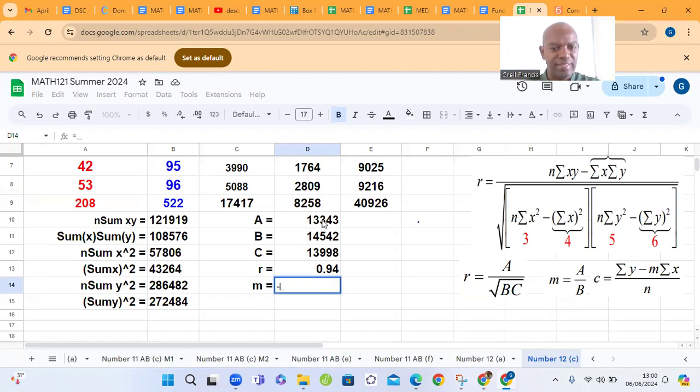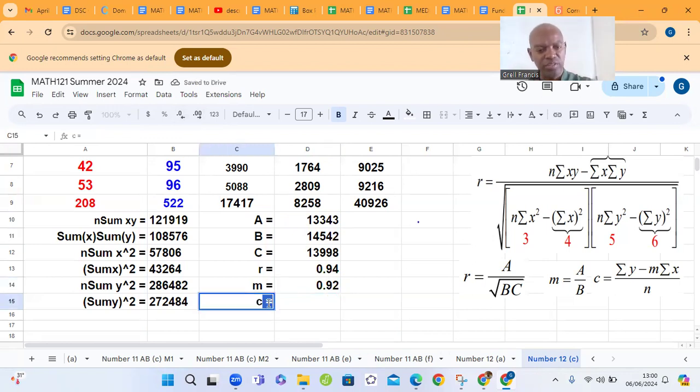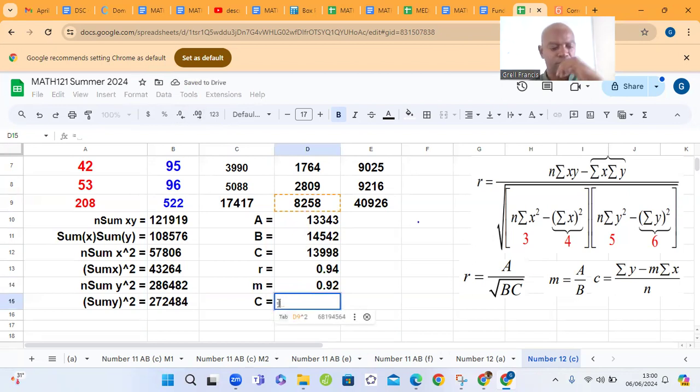Here is A in D10 divided by B, which is in D11. And that will give us a value of our gradient m. We can reduce this to 2 decimal places, 0.92. And c, which is the y-intercept, is equal to, open bracket, the sum of y.